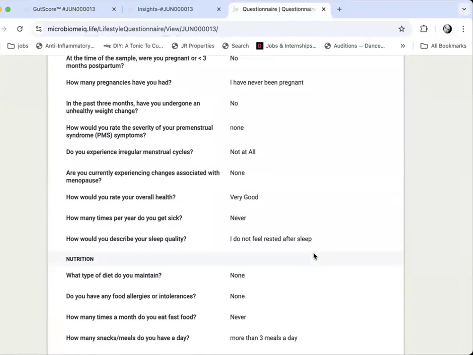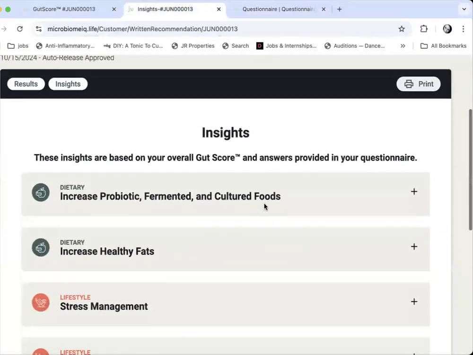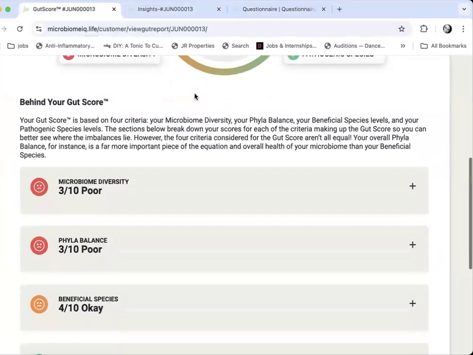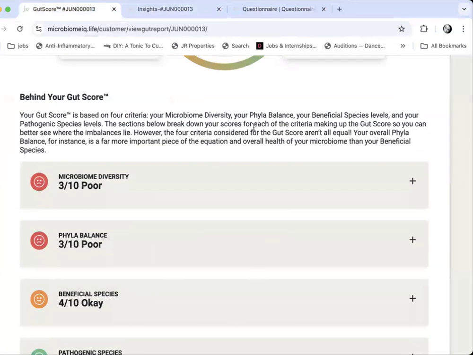So it's important to take information from their questionnaire and use that to tie in to their gut test to connect the dots.